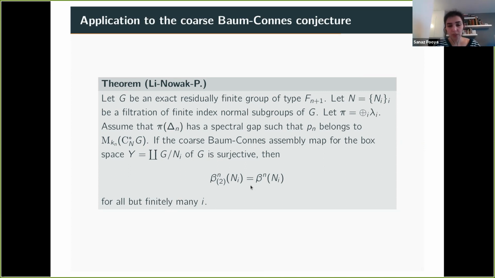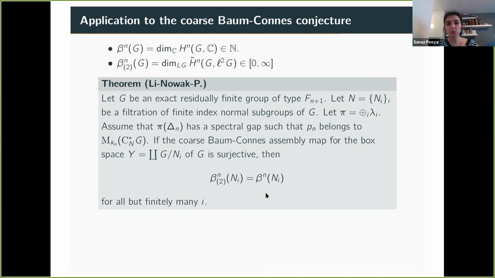So we get this as a result, this equality between L²-Betti numbers and Betti numbers, and I would like to remind us that in fact Betti numbers are just the dimension of group cohomology with coefficients in C, and this always lies inside the natural numbers, while as we saw, L²-Betti numbers defined in this way always lie inside this interval.